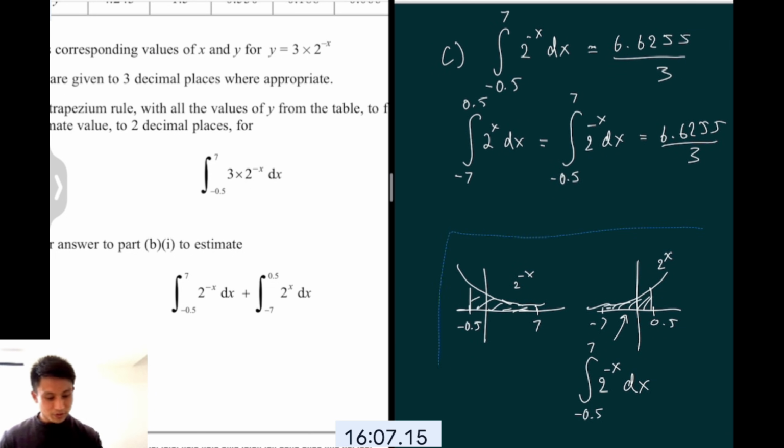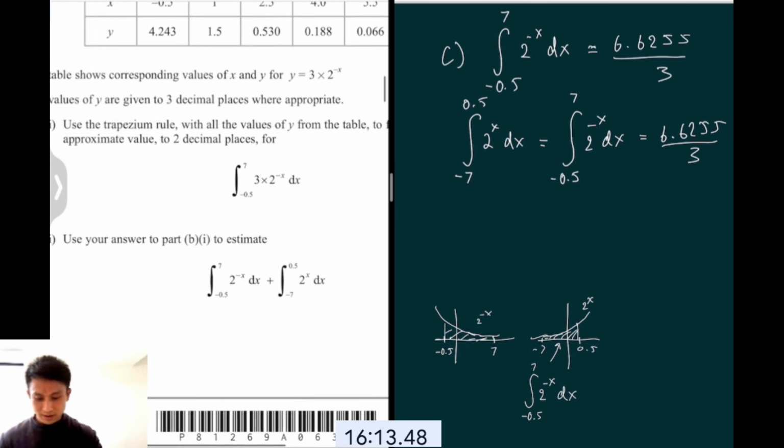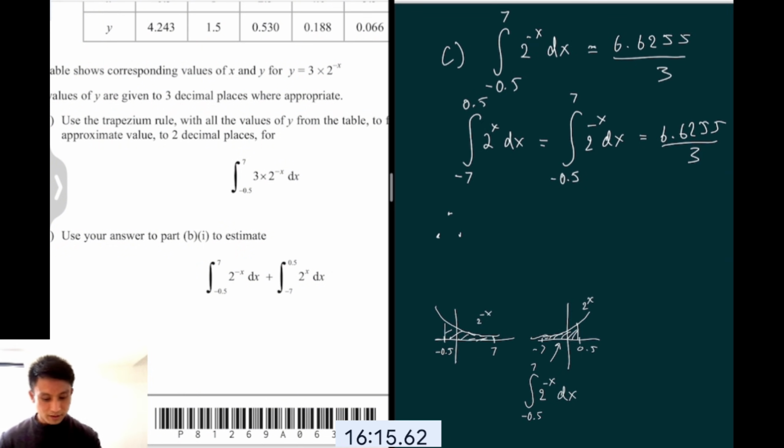That means ultimately the answer to this question would just be 2 times whatever that number is, right? So the integral of that equals 2 times that.